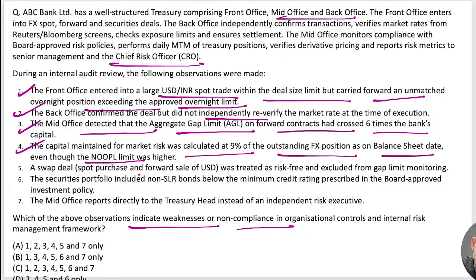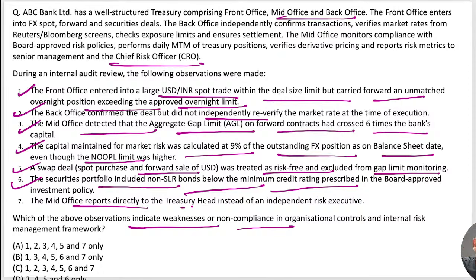Next one: a deal of spot purchase and forward sale of USD was treated as risk free and excluded from limit monitoring. Again a failure. Securities portfolio included non-SLR bonds below the minimum credit rating prescribed by the board-approved investment policy. So again, this is a case of non-compliance.